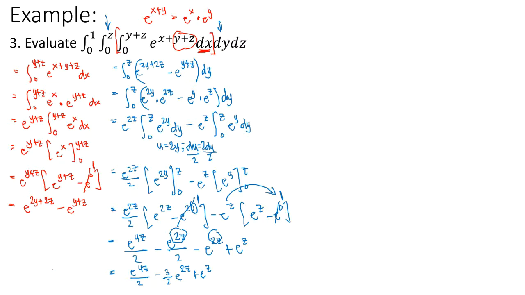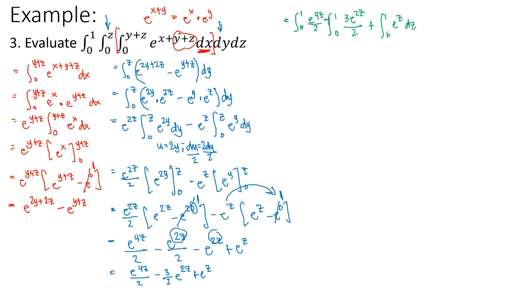So we have integral of 0 to 1 of e raised to 4z over 2, minus integral of 0 to 1, 3 e raised to 2z over 2, plus integral of 0 to 1 e raised to z.